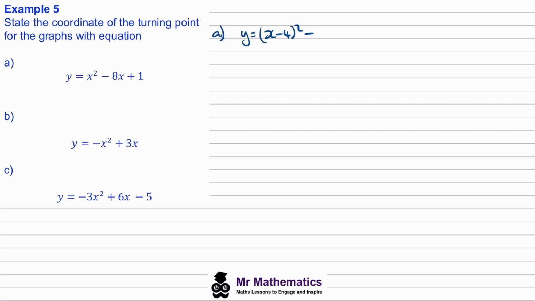We'll complete the square, we'll take away the 16, and we'll add back in a 1. So y will equal x minus 4 squared minus 15. The turning point will be when this equals 0. So x will equal 4. When this does equal 0, y will equal negative 15. So our turning point, 4 and negative 15.